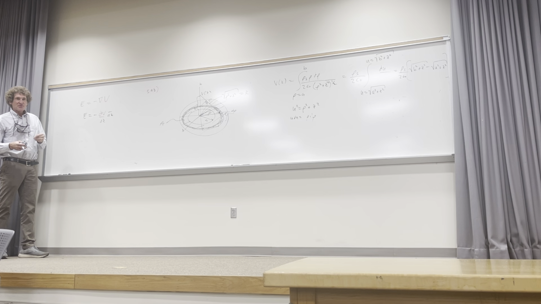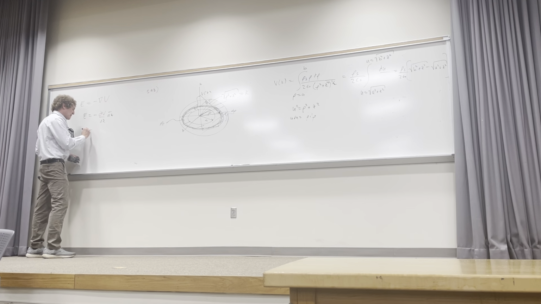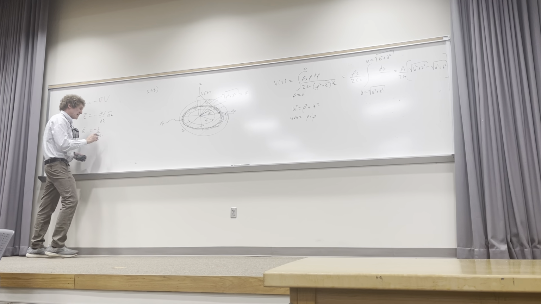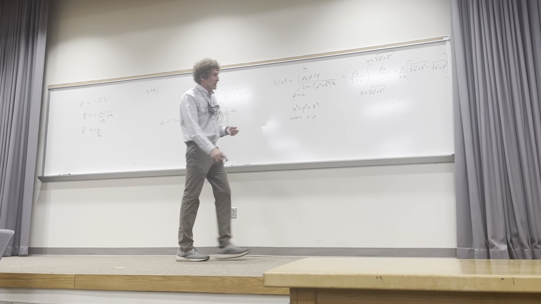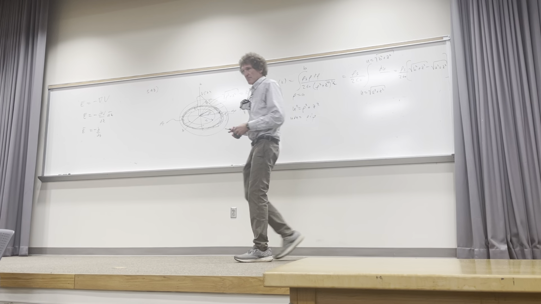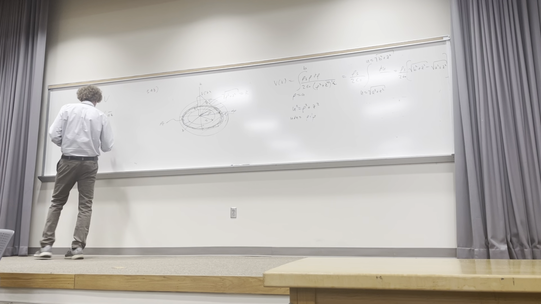And don't make this hard on yourself. Just look over there. Minus the derivative with respect to z of this. I think you all grant me I can take rho_s over 2 epsilon naught out in front. Right? Matter of fact, I'm going to do that.